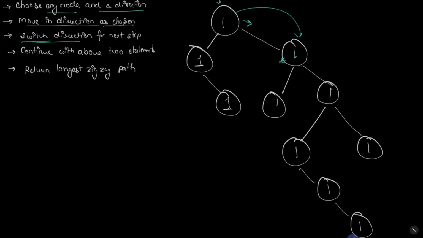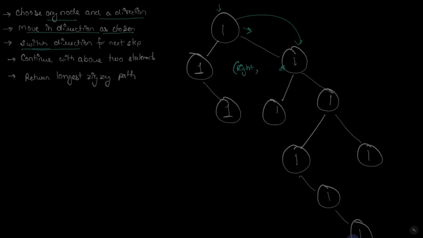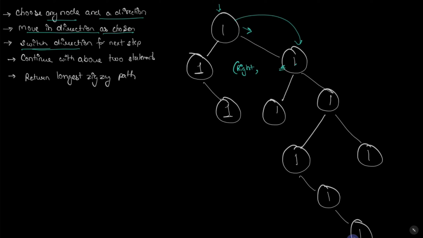At this particular node, we must know what direction we were coming from. So one state that we need is what direction we are coming from. We are coming from the right direction, and we also need how many steps we have taken so far to reach this particular node. From root to right child, we have taken 1 step. As per the third statement, we'll have to switch the direction.